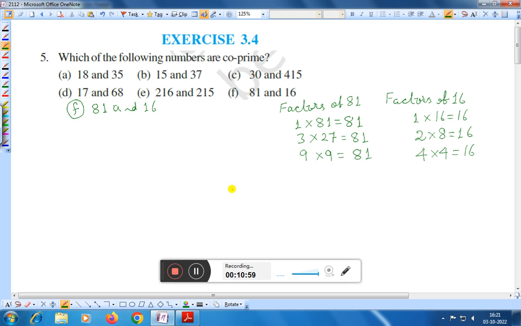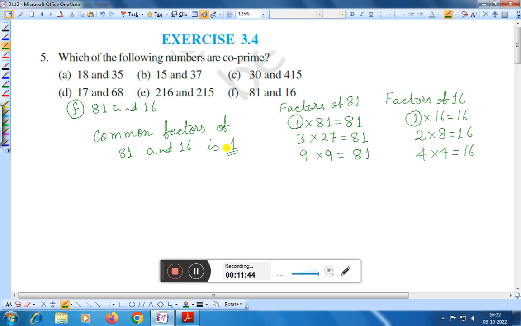Therefore, the common factors between 81 and 16 is only 1.